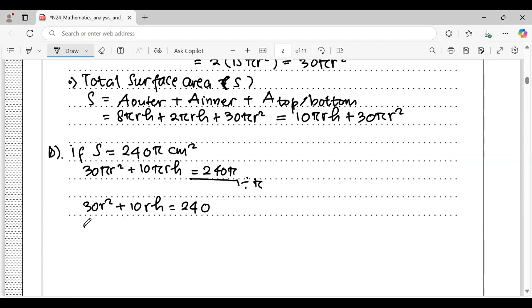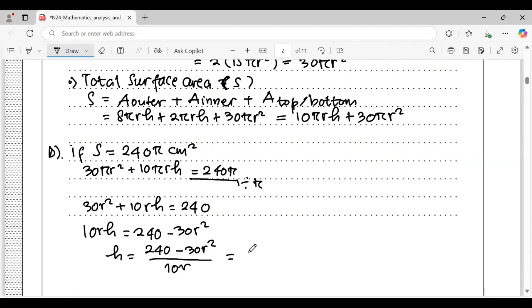So 10 rh equals 240 minus 30 r squared, and then h equals 240 minus 30 r squared over 10 r. So this is 24 r to the power minus 1, minus 3r.